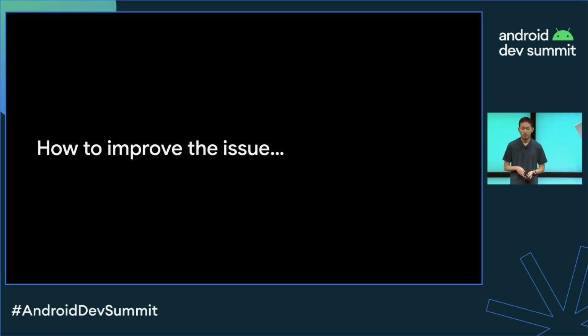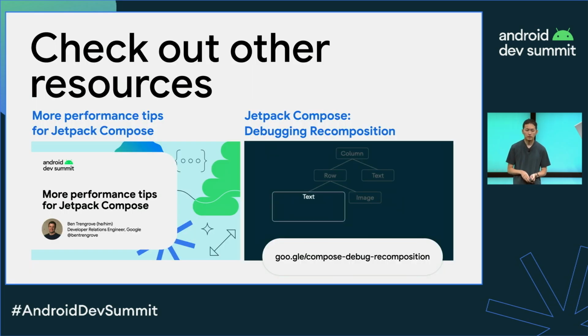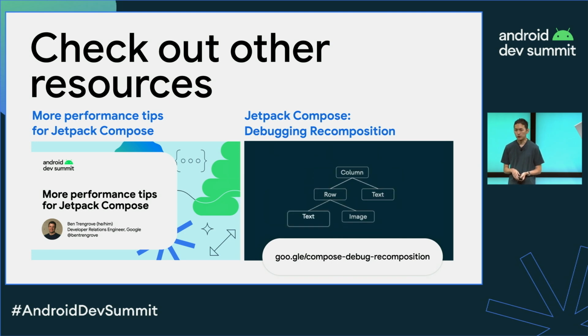Now we have identified which composable caused the number of recompositions. There are several ways to improve the code. Check out the ADS talk about dedicated Jetpack Compose performance, or the Medium post about how to improve the problematic code.